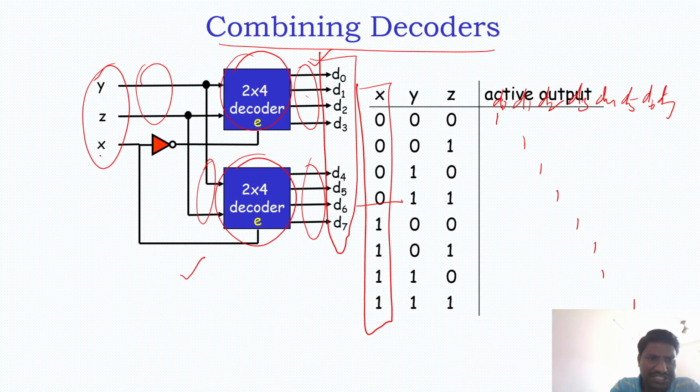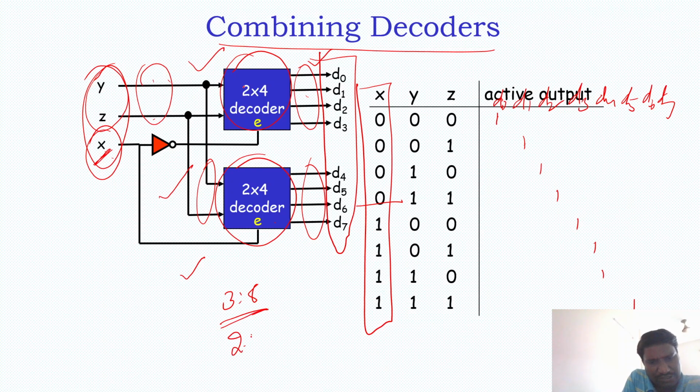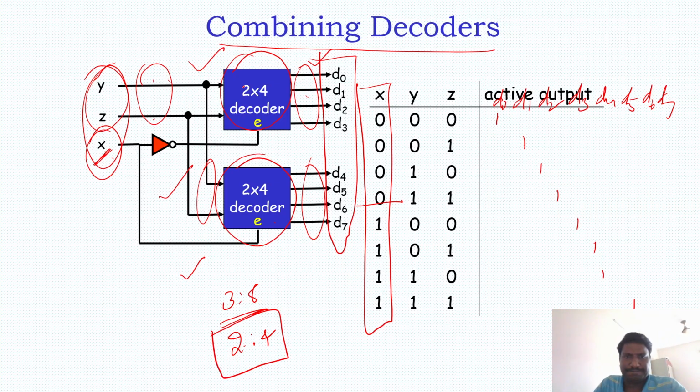One selection line is to choose upper one or lower one. The other two will choose any one of four, D0 to D3 or D4 to D7, decided by YZ. X will decide whether upper decoder or lower decoder, from which we are going to get a 3 to 8 decoder from 2 to 4 decoders.